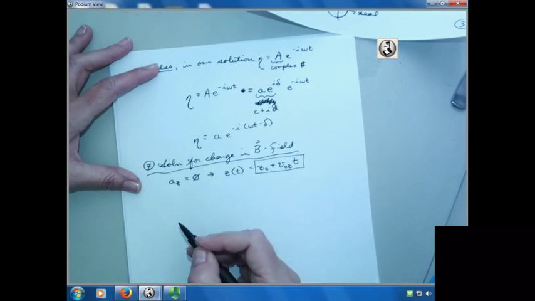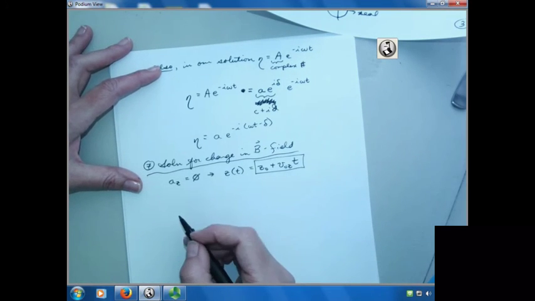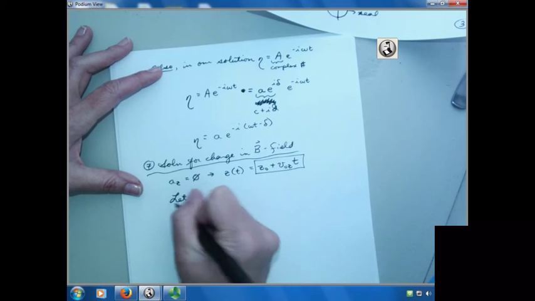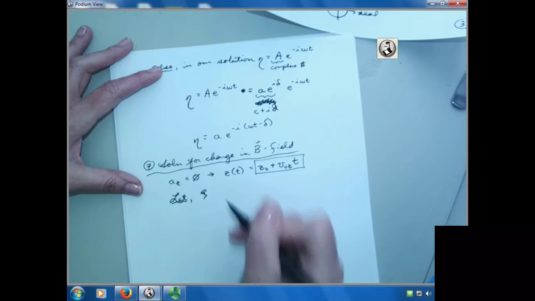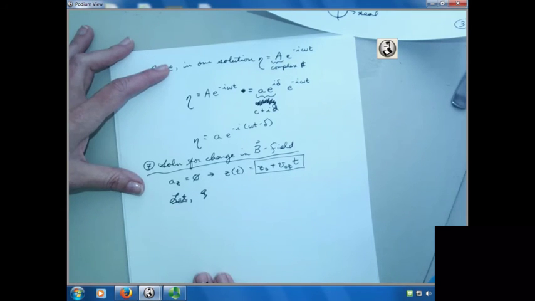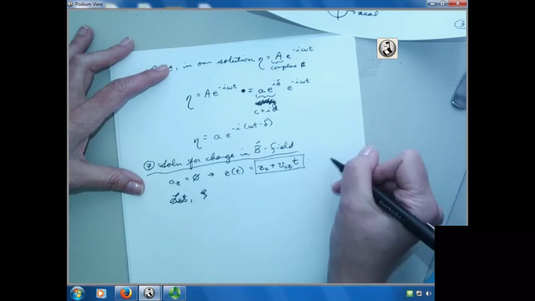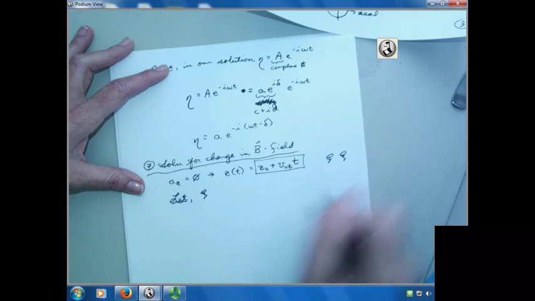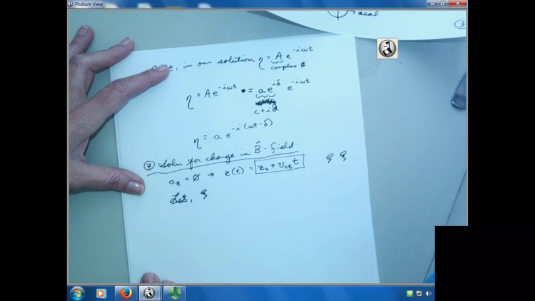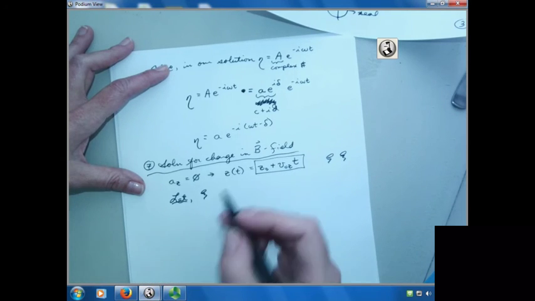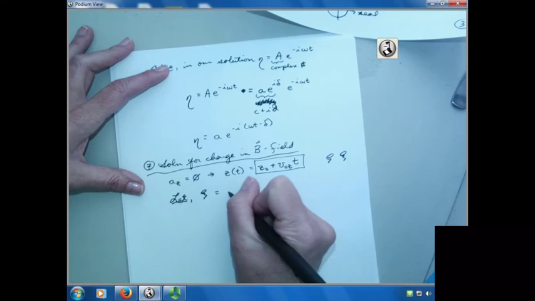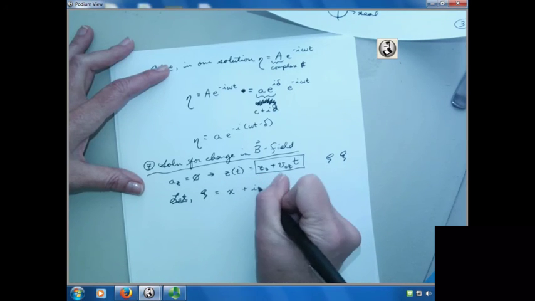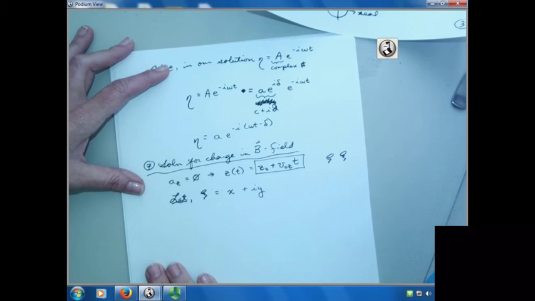Now, what I am going to do is introduce a brand new variable, xi. And xi is kind of like a zeta except with an extra squiggle. So zeta looked like that, and xi looks like that. And xi is going to be equal to our x component of location plus our i component of location as a function of time for our particle.